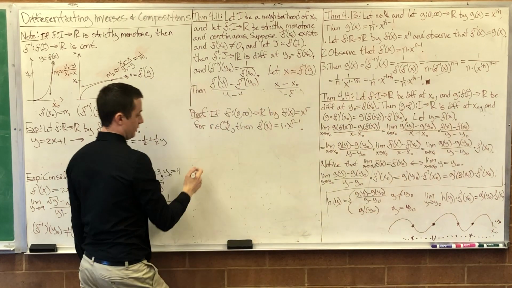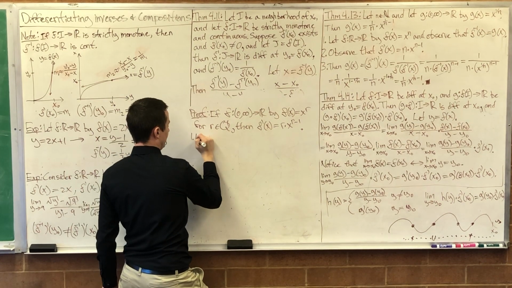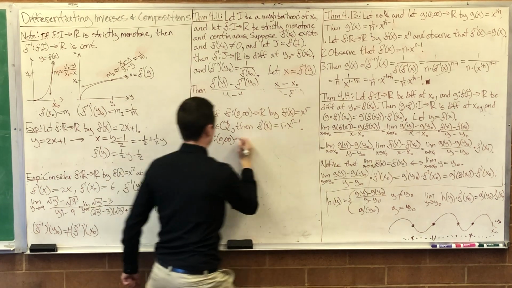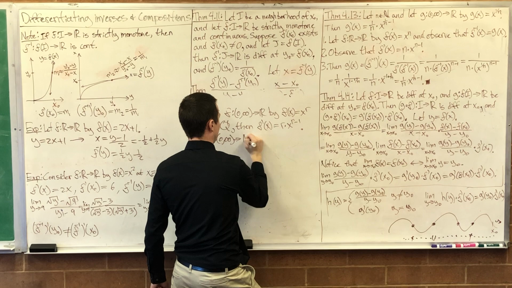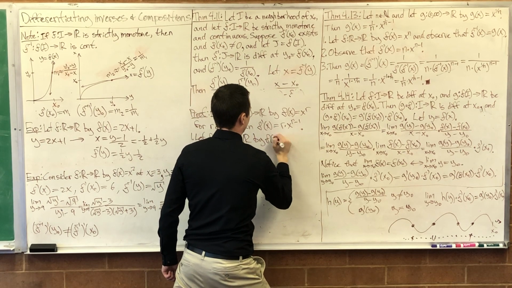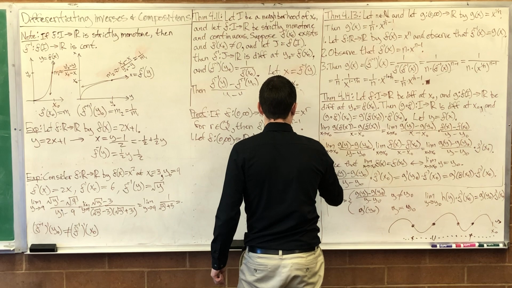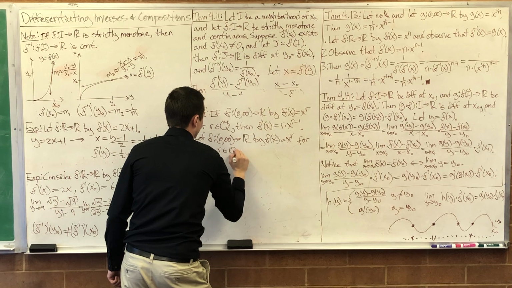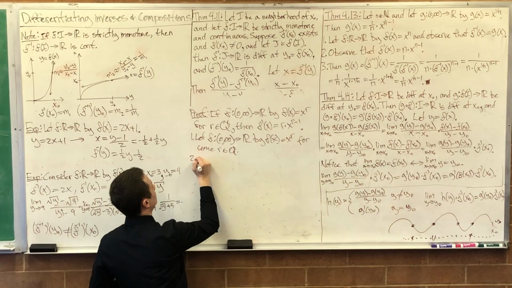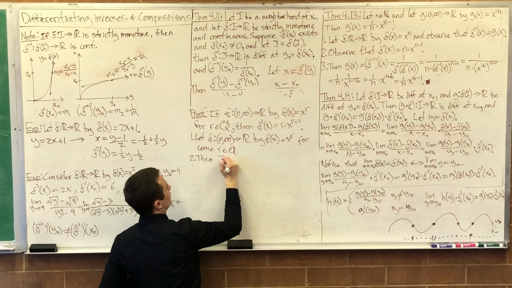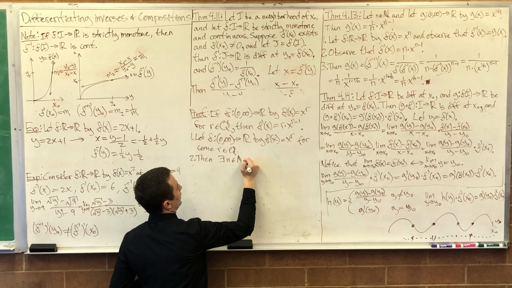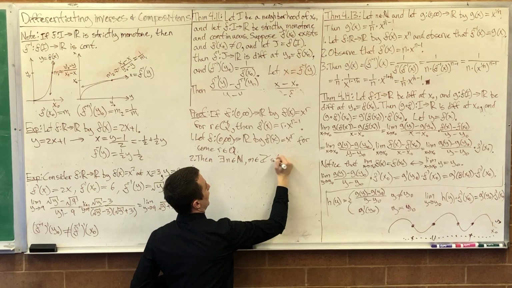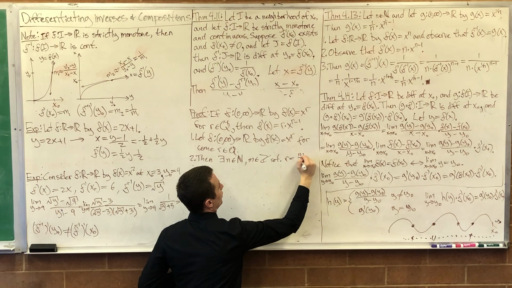Right? So we'll just write this out. 1, let f be a function from 0 to infinity, from the positive real numbers to r, by f of x equal to x to the r for some r in q. 2, then there exists some natural number n and some integer m such that r is equal to m over n.